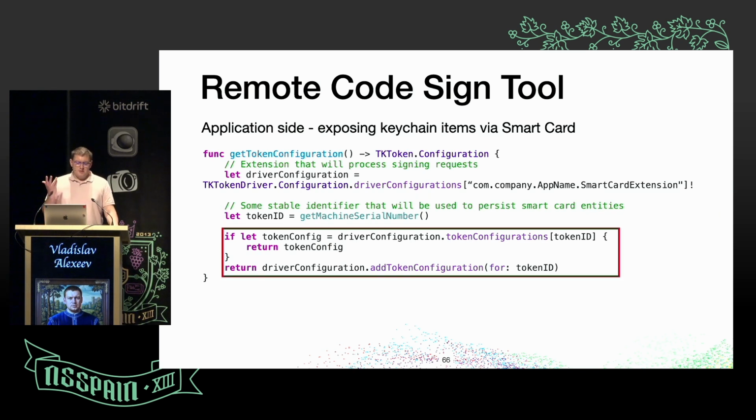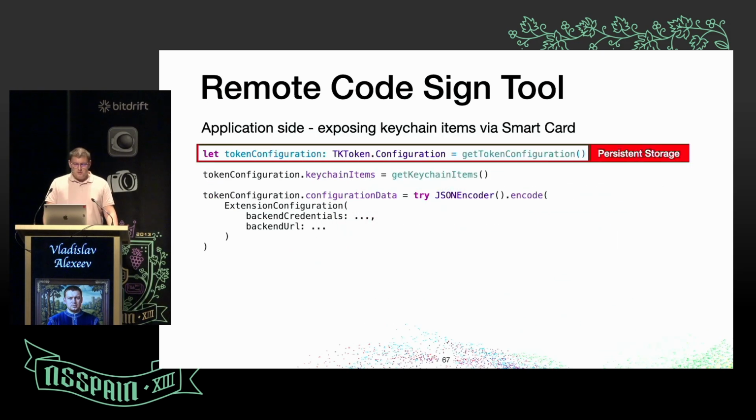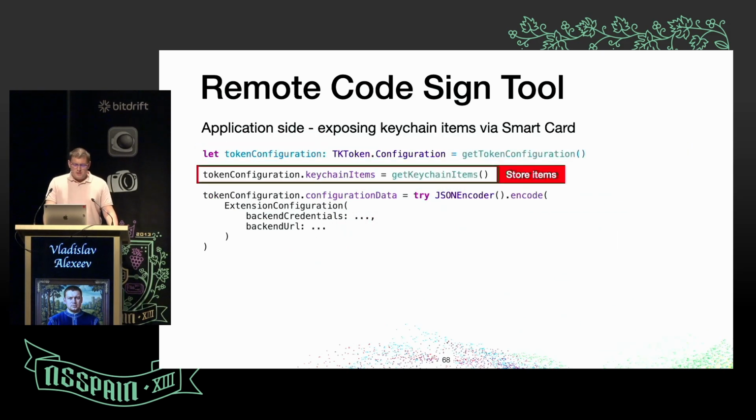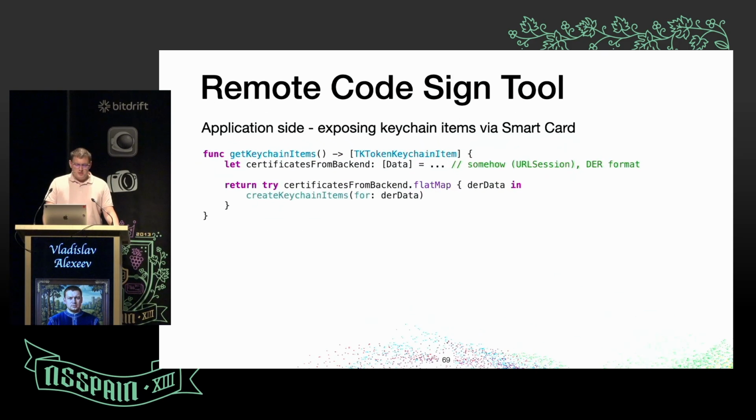And then, essentially, if it's the very first start of the app, you create the persistent storage for the first time, but for consequent restarts, you reuse the already existing persistent storage or token configuration. That's very easy. Then you assign the promises or keychain items into that persistent storage. Let's see how it's done.